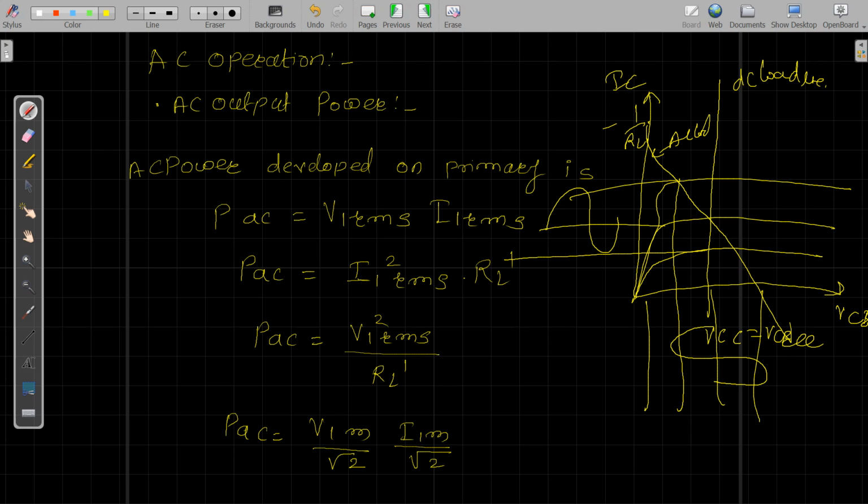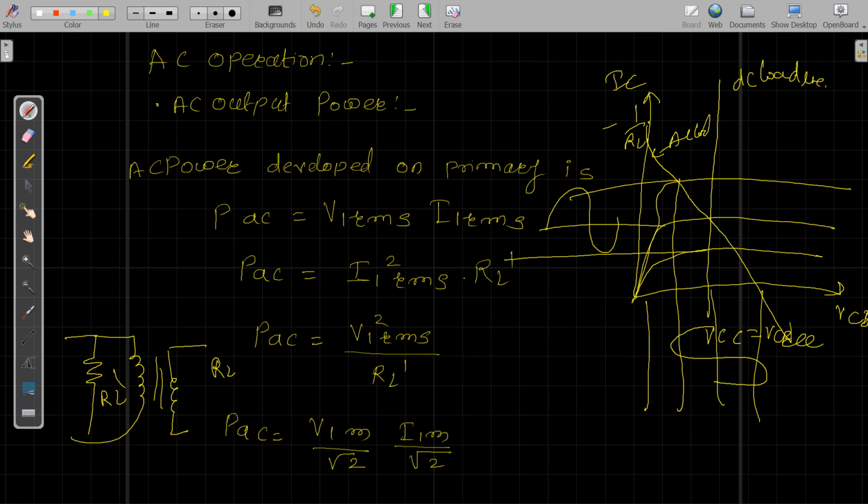That has to be considered, not RL or 0, because we are at the primary, and at the primary what we found is you got some reflected impedance RL dash, right? So when I'm considering the voltages and currents, either with the peak values or RMS values, I need to have RL dash at the primary and RL at the secondary.